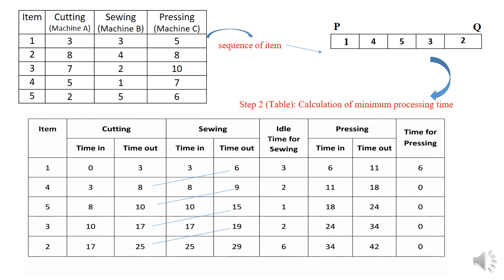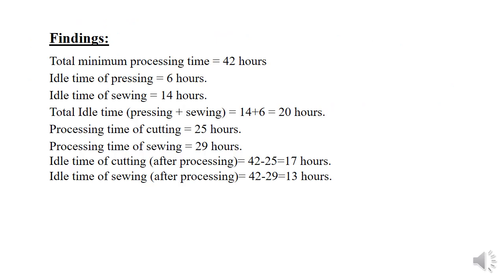Now we'll go for the findings. See that here our total elapsed time we found here is 42 hours. From the previous table we identified the total minimum processing time as 40, but our total elapsed time identified here is 42 hours.